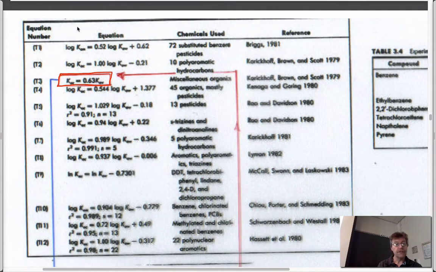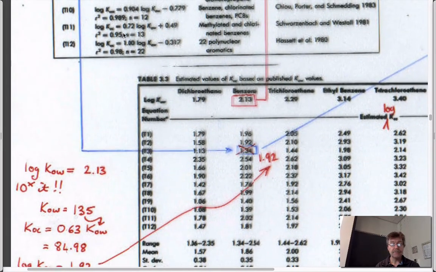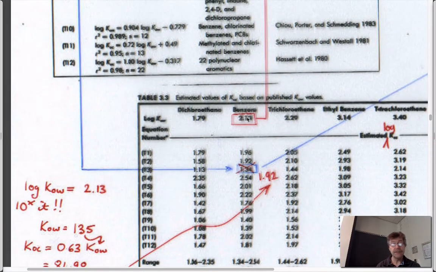If you can't read this, it's KOC is equal to 0.63 KOW. So we need this parameter here. And here we have just some tabulated values, for example log KOW equals 2.13.